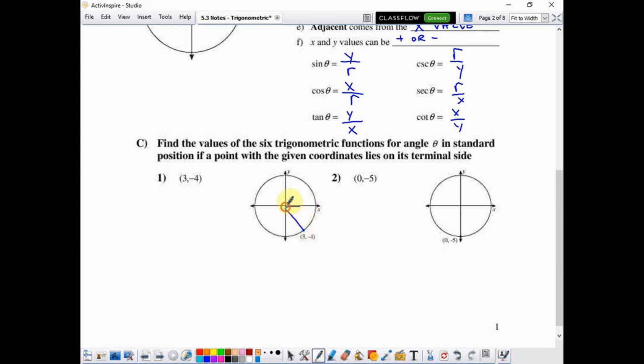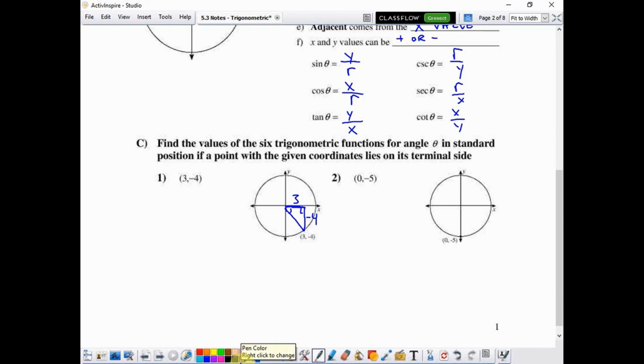So there's a reference angle right there, and we'll make a right triangle out of that. It's over 3, so that is your x value. The x value is 3. And the y value is negative 4, because it is down 4.